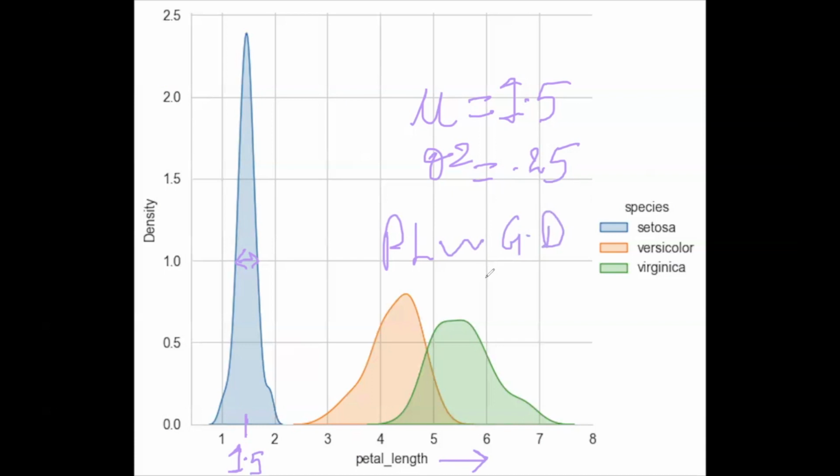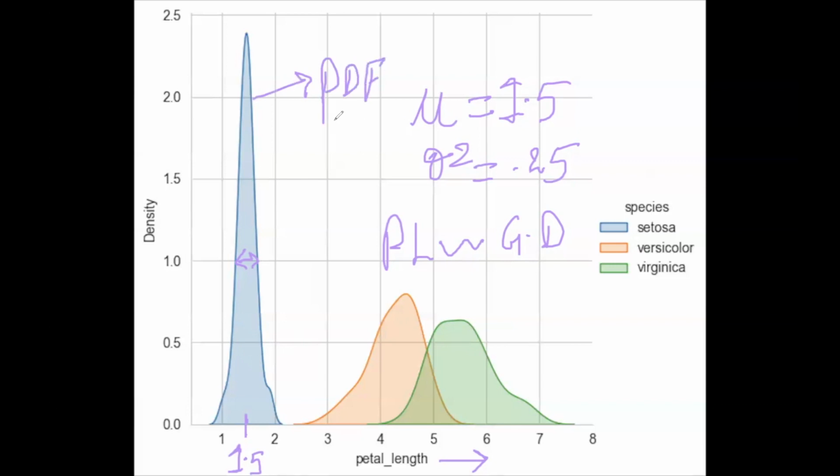The moment you tell me that mu is 1.5 and sigma square is 0.25, I can quickly draw this distribution, without having even seen one value of petal length of setosa. So if you just give me these two values, I know what the PDF looks like. This is basically the PDF.